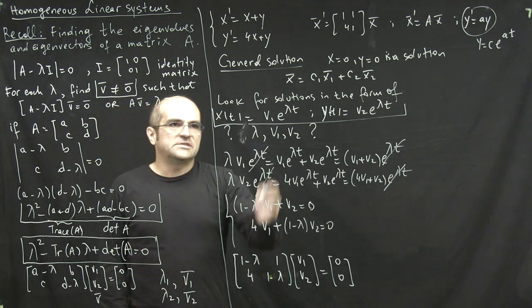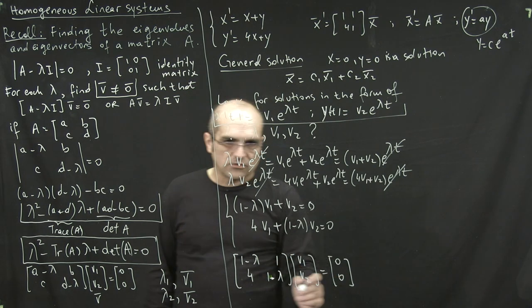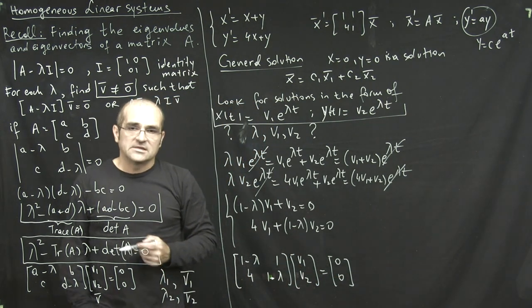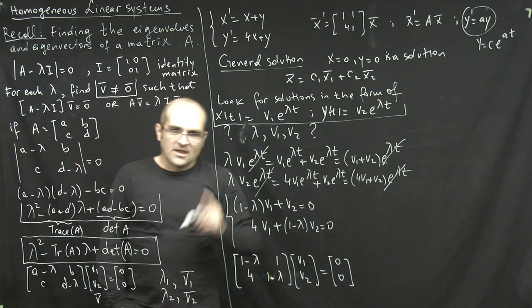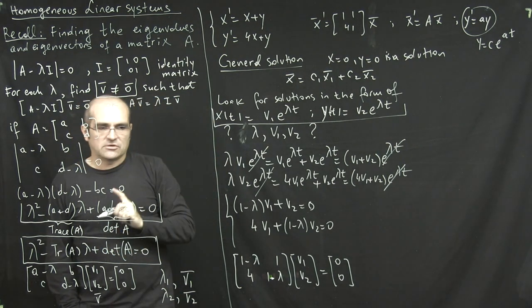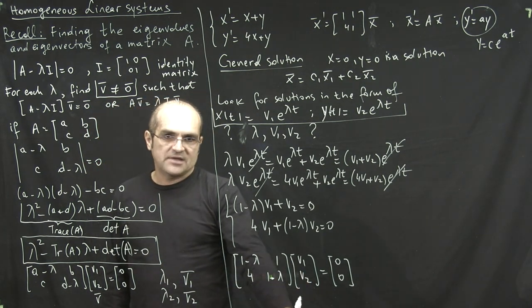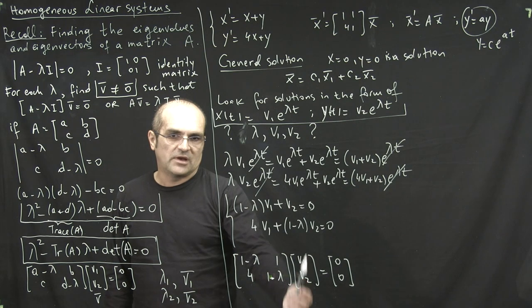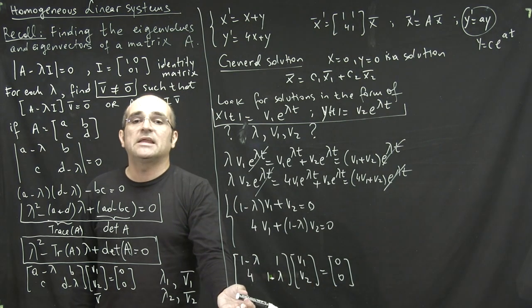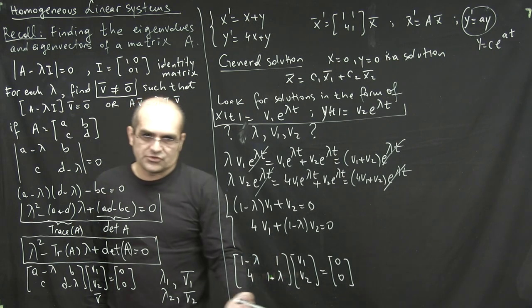To find a non-zero solution in that form amounts to finding a non-zero solution of this linear system. Remember, I want a non-zero solution because, not a surprise, if you plug in 0 and 0 for v1 and v2, this will be true for any lambda. But then how do I get a non-zero solution?